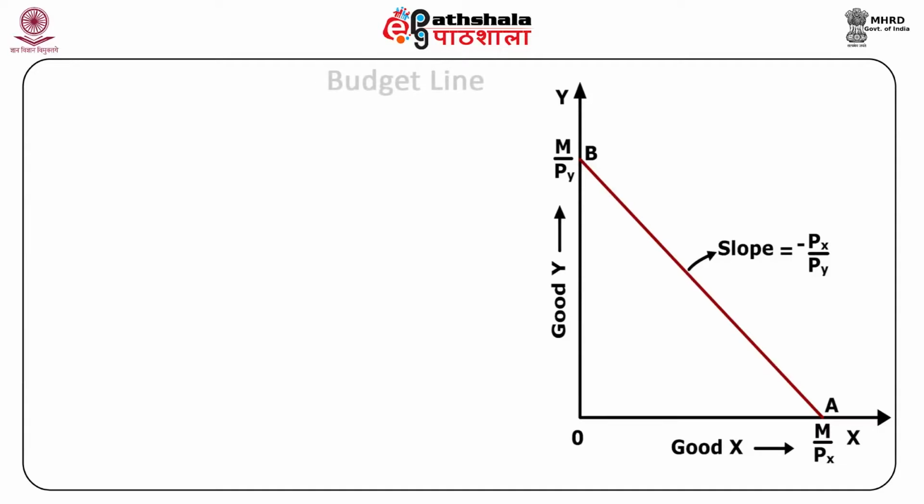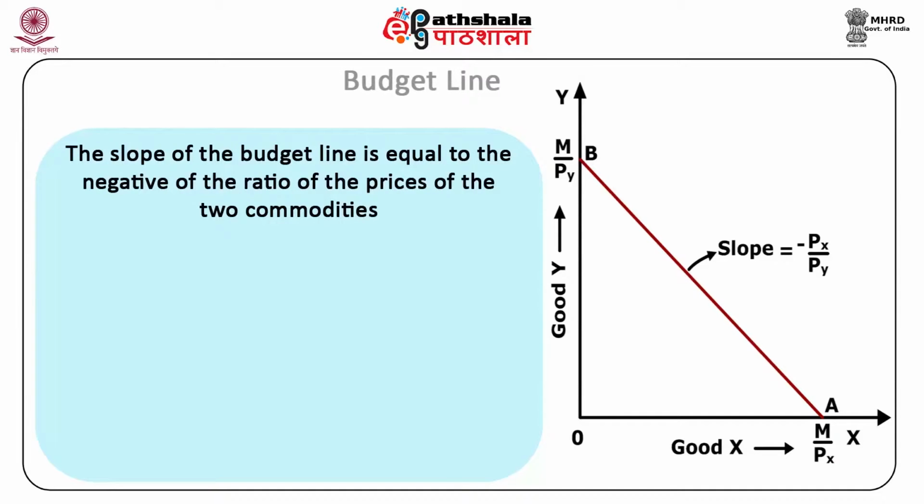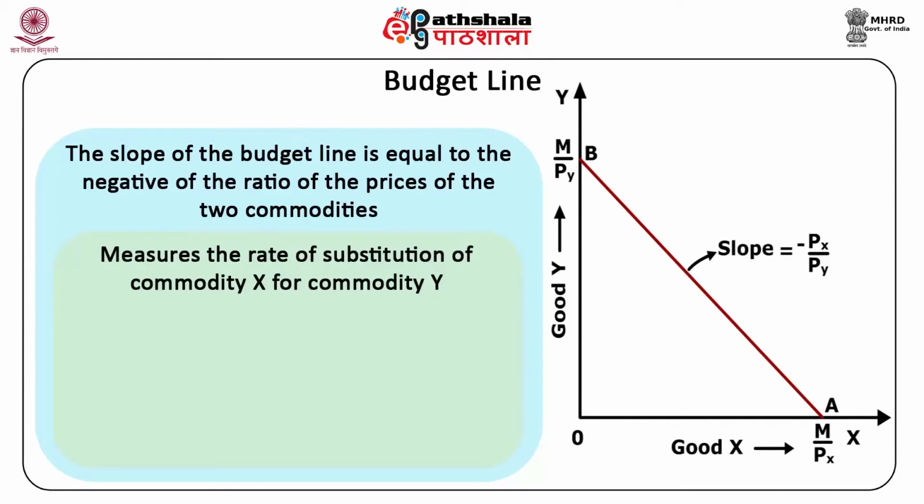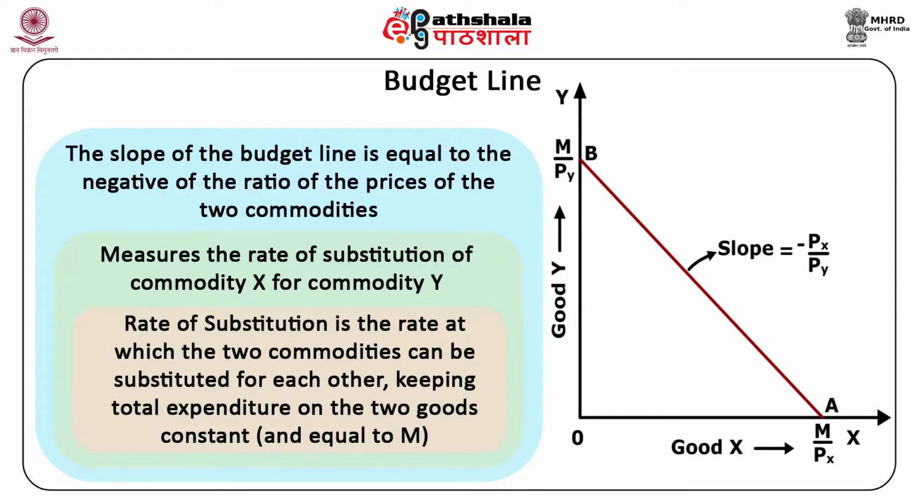As shown in the figure, the slope of the budget line is equal to the negative of the ratio of the prices of the two commodities. It measures the rate of substitution of commodity X for commodity Y, that is, the rate at which the two commodities can be substituted for each other, keeping total expenditure on the two goods constant and equal to M.